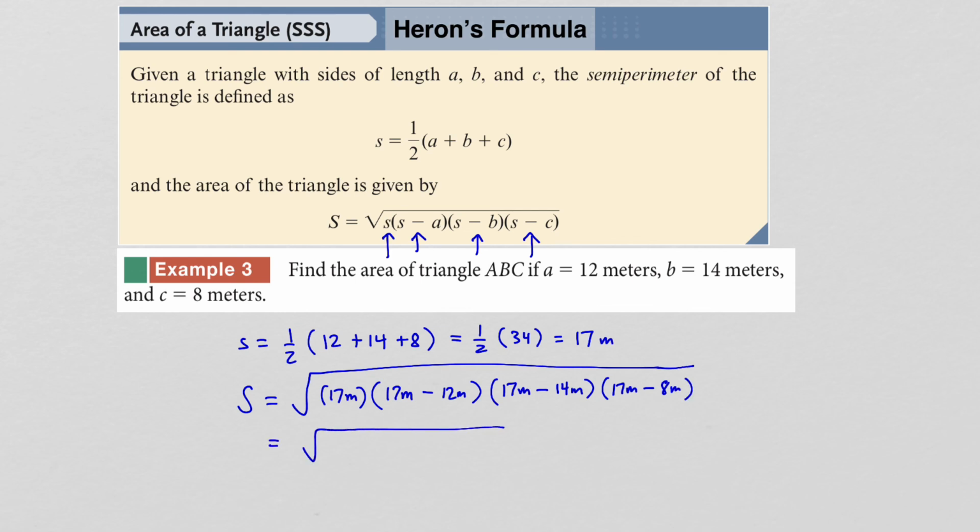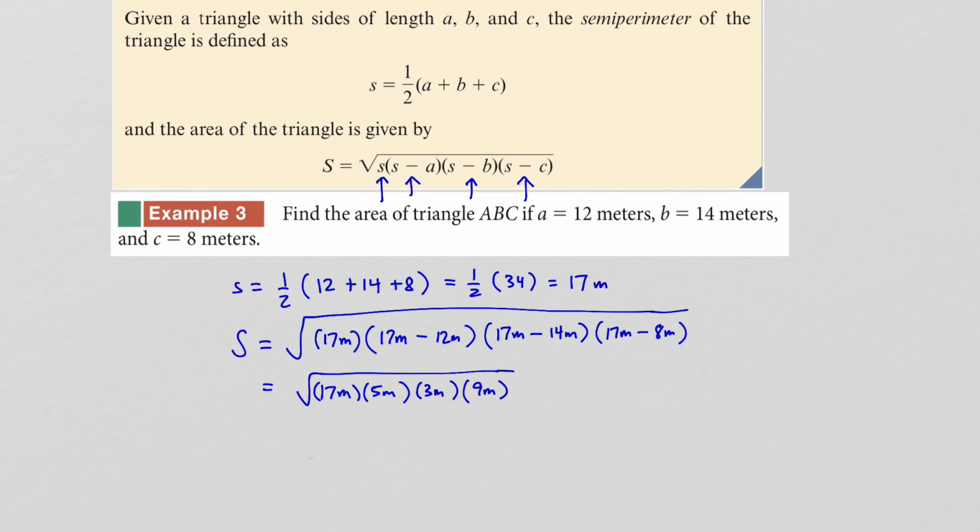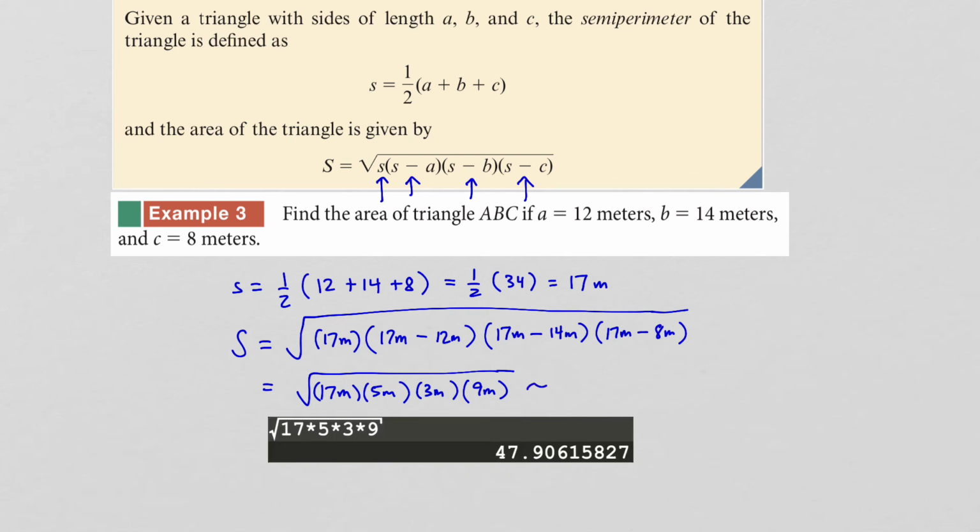And this is the square root of 17 meters times 5 meters times 3 meters times 9 meters. And then we can just type that into a calculator. And you can see what we get here is approximately 48.